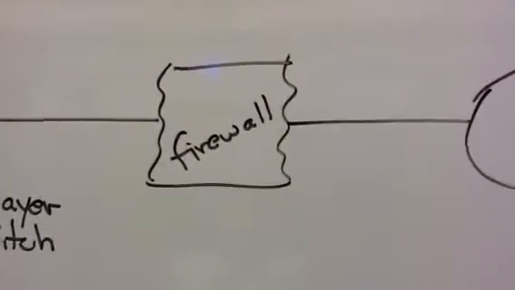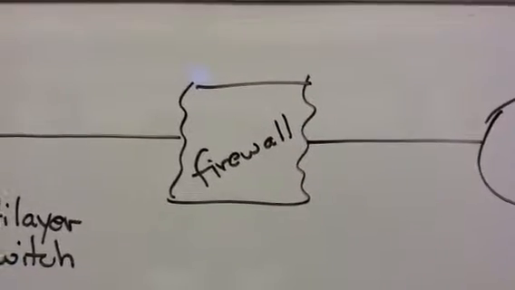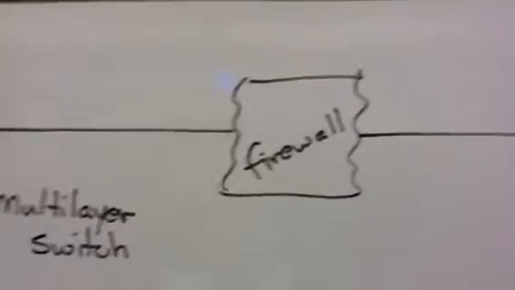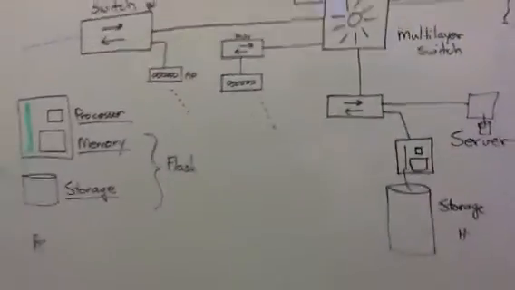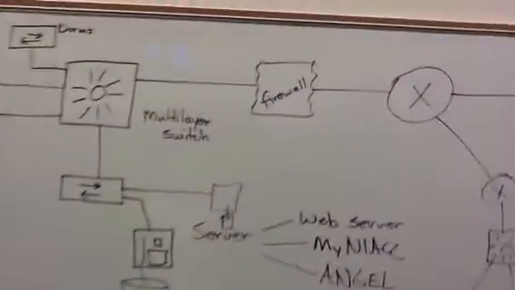we go through a firewall. And that firewall here at NIACC, when something comes from the inside of the network, from in here, it remembers where it's going out here in the internet.